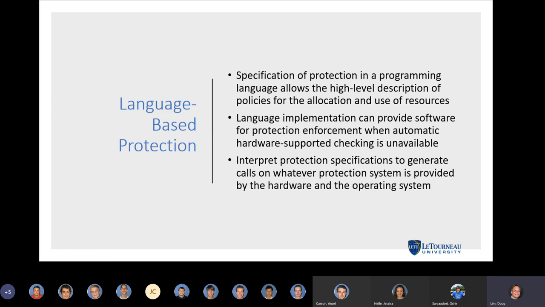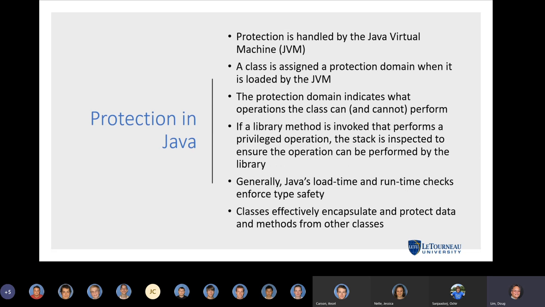One example that I'm sure you're all familiar with, and I'm looking forward and seeing that that's my next slide, is that protection in Java is handled by the Java virtual machine, and access to all resources is mediated through the Java virtual machine.